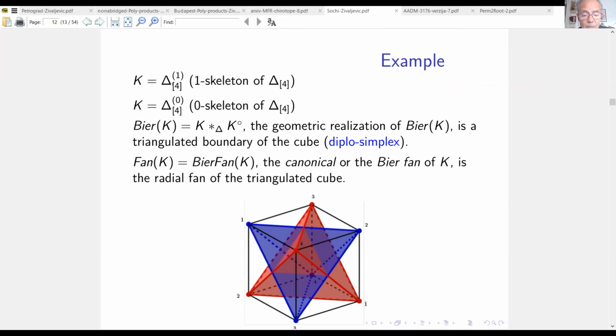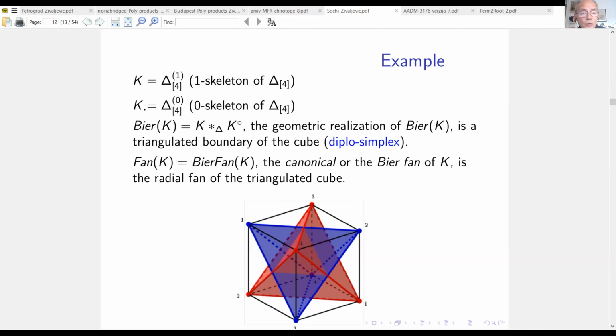So in this picture, imagine that you have a red tetrahedron with 4 vertices, and in this tetrahedron you take all edges.